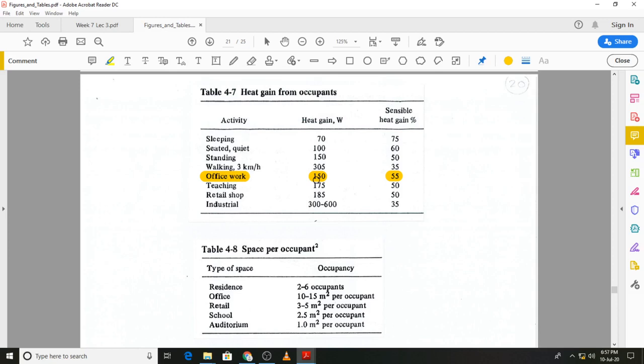The next thing that we need is the cooling load factor, and that is obtained from table 4-9. So I will move on to that table as well and read the value of CLF, and then we can go back to the solution to work out the total heat load or the heat gain due to occupancy.